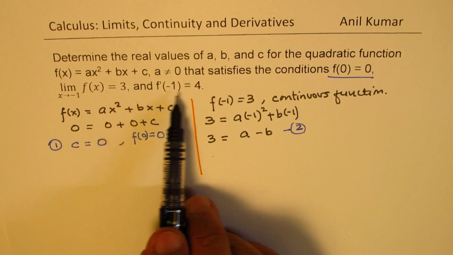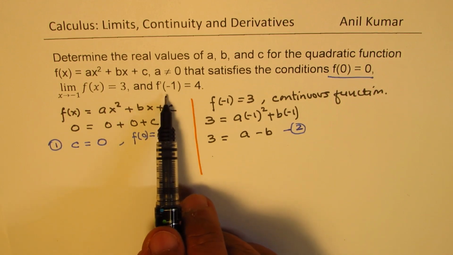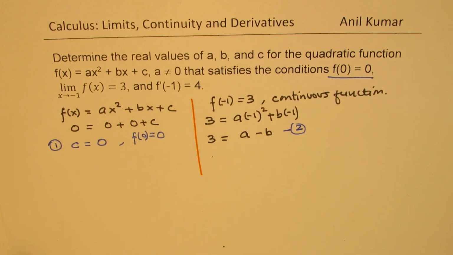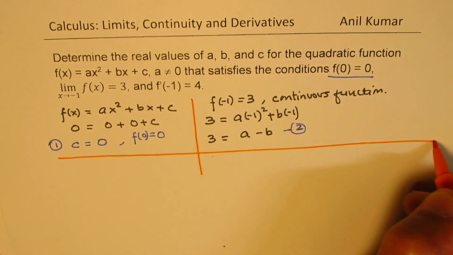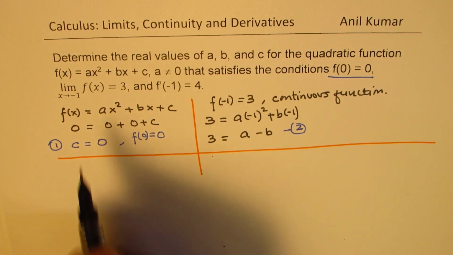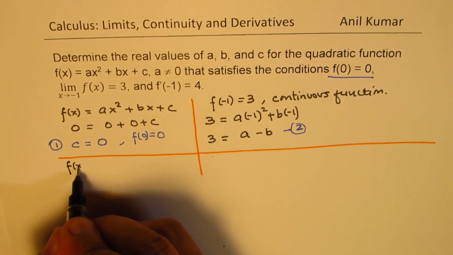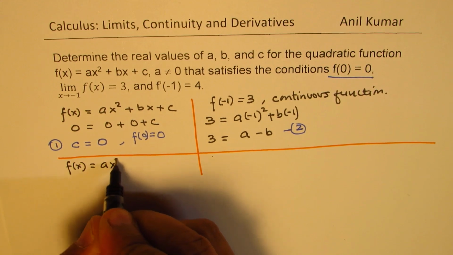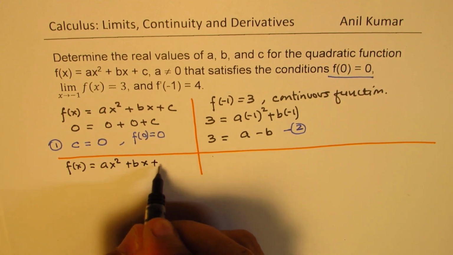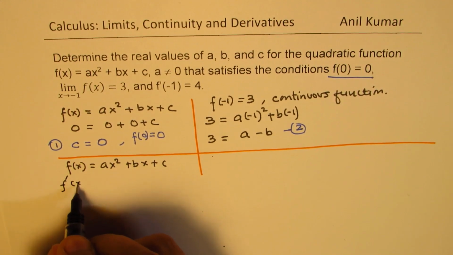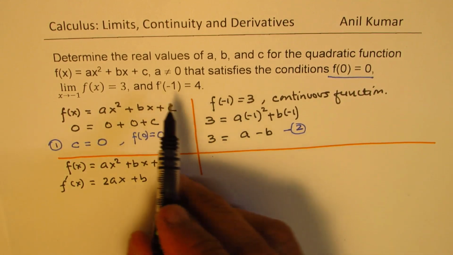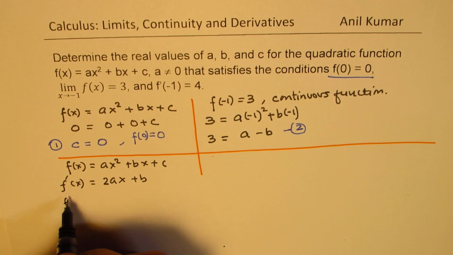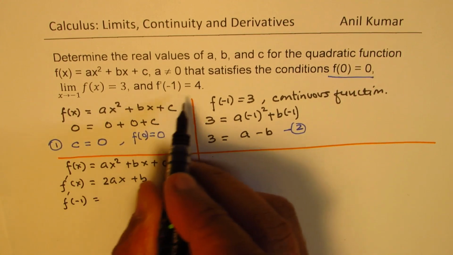Now we know that the derivative of the function at minus 1 is 4. So let's find the derivative. f of x is equal to ax squared plus bx plus c. The derivative for this function will be 2ax plus b, and we know at minus 1, the derivative is equal to 4.